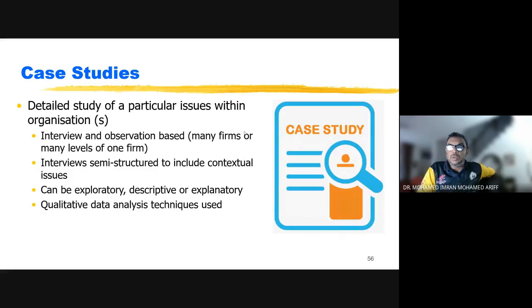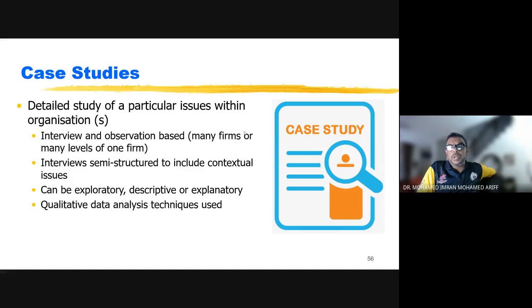Case study ialah you observe them, you tengok, you buat a case study on a certain company, you choose them, you interview them, you find out what is that, you buat a semi-structured interview, and it can be exploratory, explorative, okay? So you interview them, you buat your case study, let's say you do your case study on, for example, contohnya, kita buat case study on spending, the power of spending, the power of shopping, based on, let's say based on states.